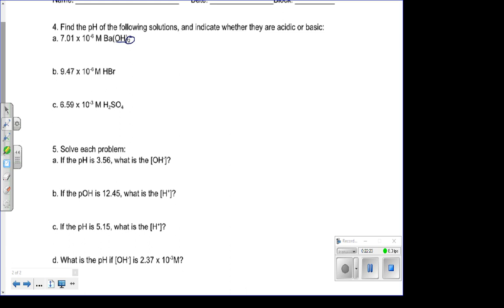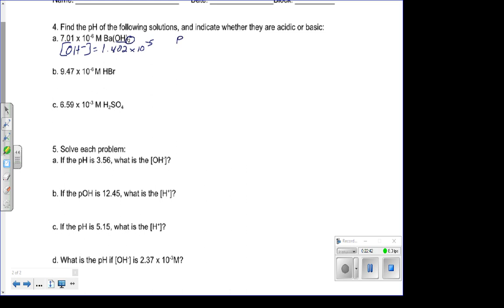So that's going to make it 1.402 times 10 to the negative 5th for the OH concentration.